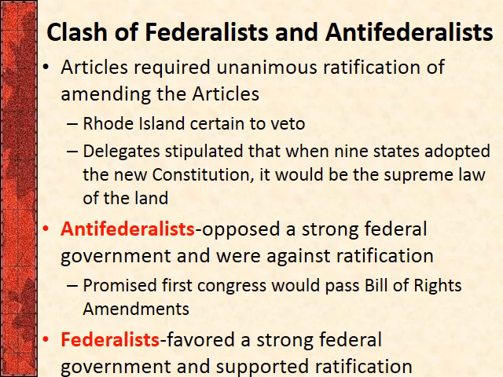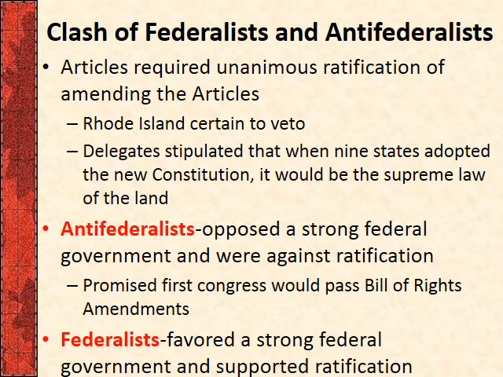Now, a contrary argument to this would be, at the end of the day, Rhode Island finally does come around, and all of the states end up adopting this Constitution. But the whole notion that only 9 had to adopt initially smacks of illegality, and they're right. I mean, under the Articles, which was our Constitution, you couldn't do this, and they did it anyway.